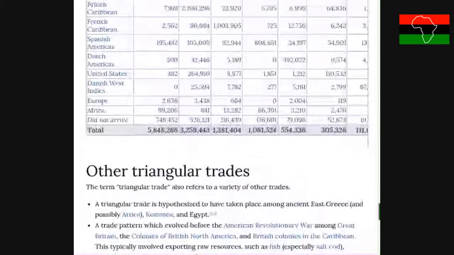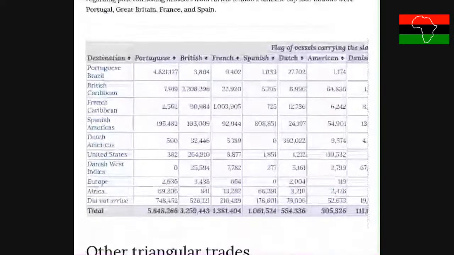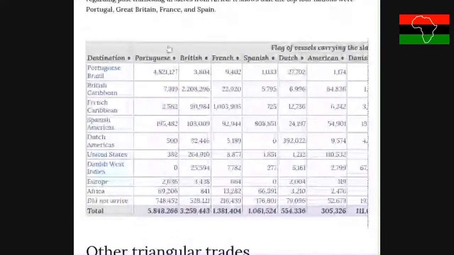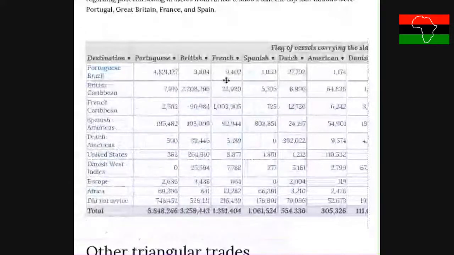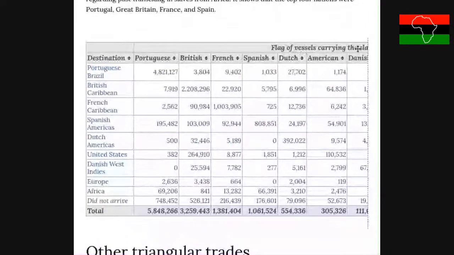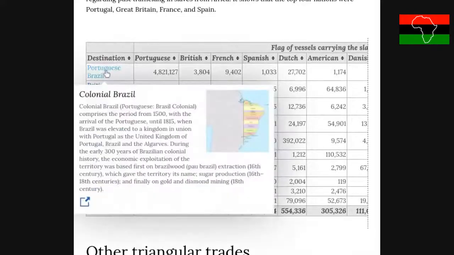All right, so I want to show you guys this chart real fast. So destination Portuguese Brazil, right? And this is how many vessels were carrying the slaves. This is how many slaves they transported. Okay, each of these Europeans from different colonies, from different countries, and how many slaves they transported into the region.